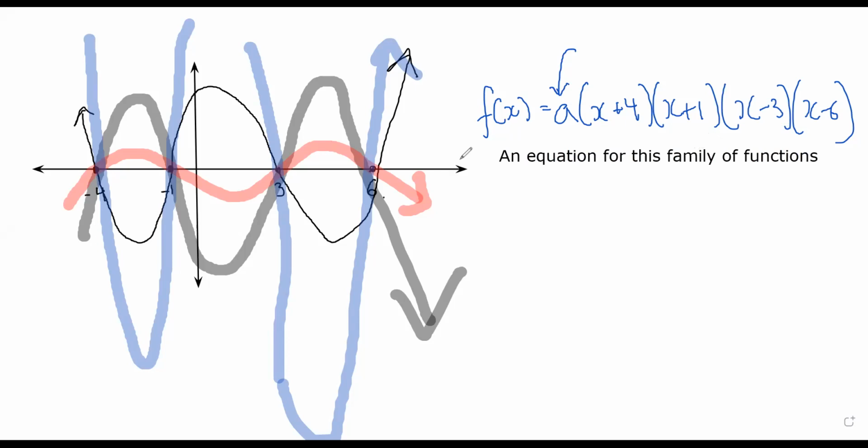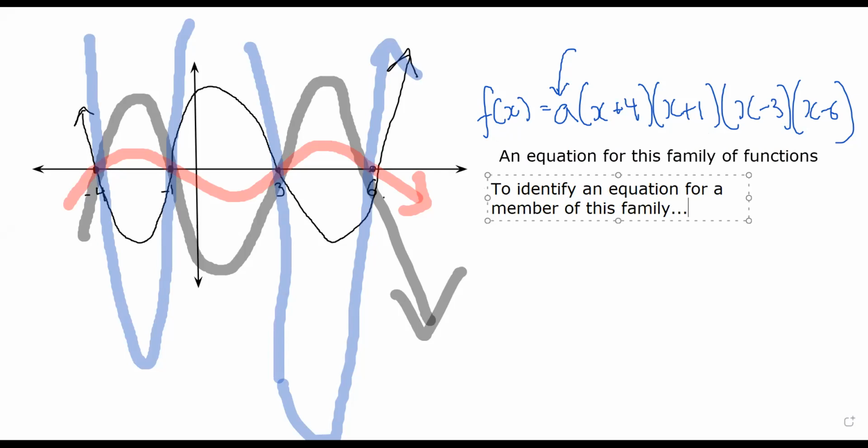And then in the following question on your sheet, it'll ask you something along the lines of, find an equation for a member of the family that does this. So I'll write the next bit. If you want to put a little note to it, to identify an equation for a member of this family, you need one thing.